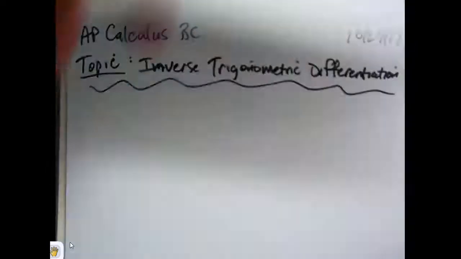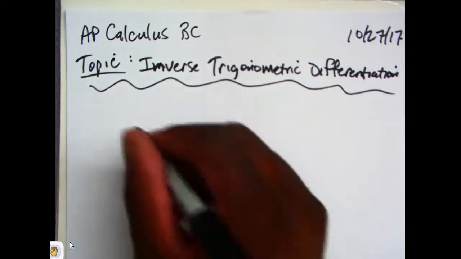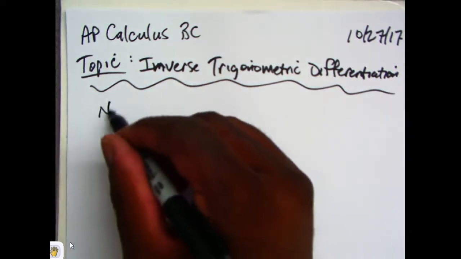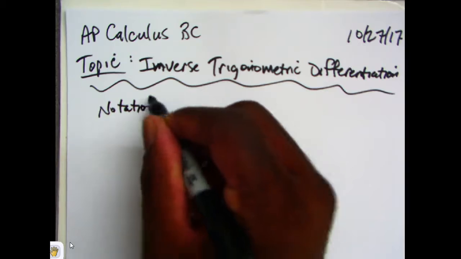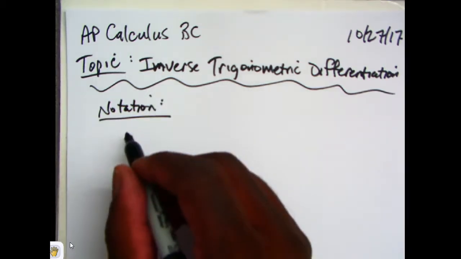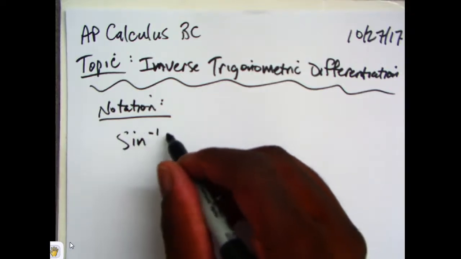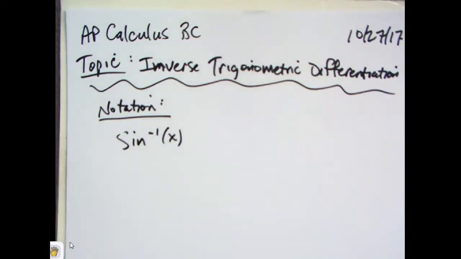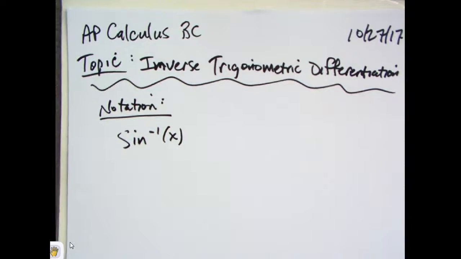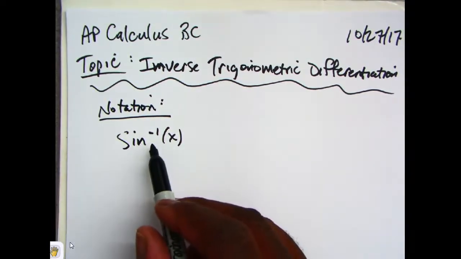All right, so what do we know about inverse trig functions? Okay, so let's take a look at the notation. The way we learned this in Algebra 2 and Pre-Cal is we notated our inverse trig with this little -1 here.